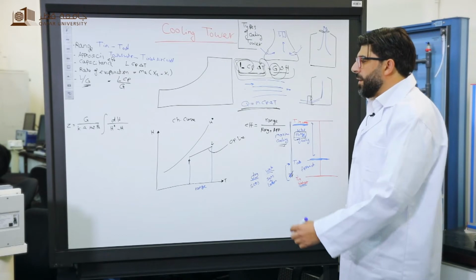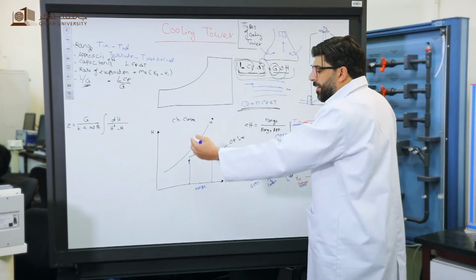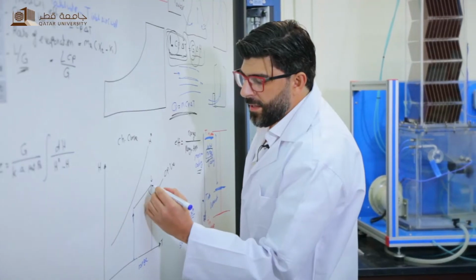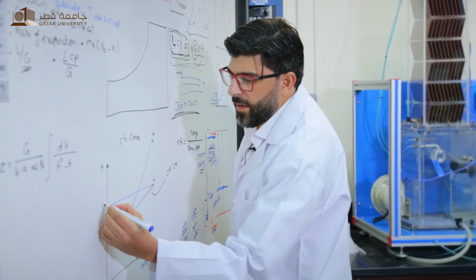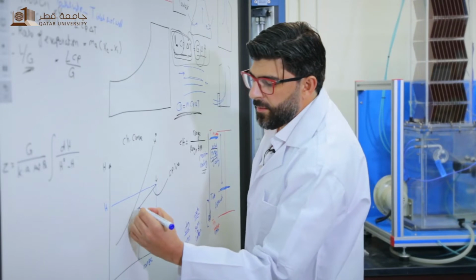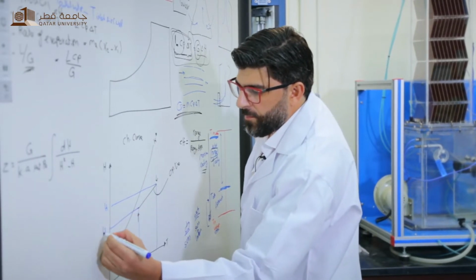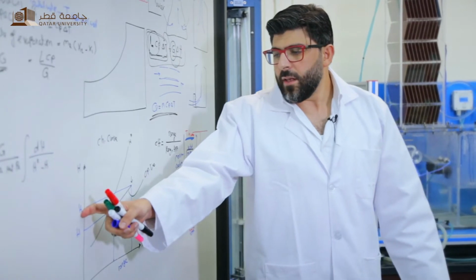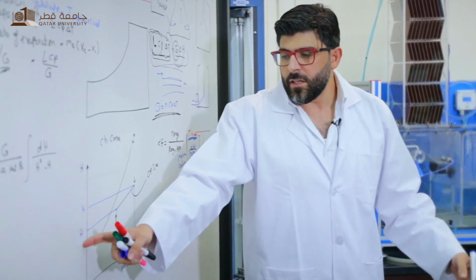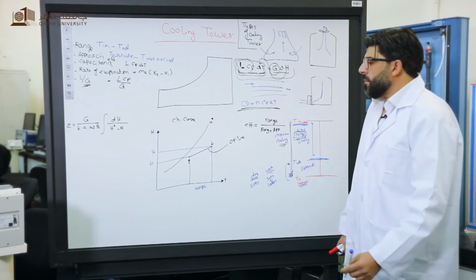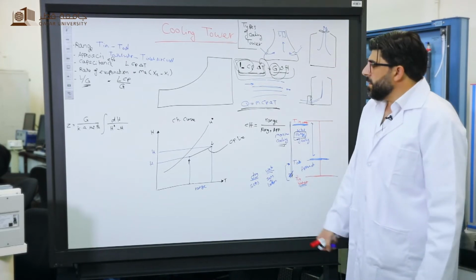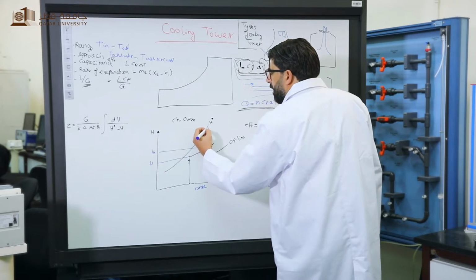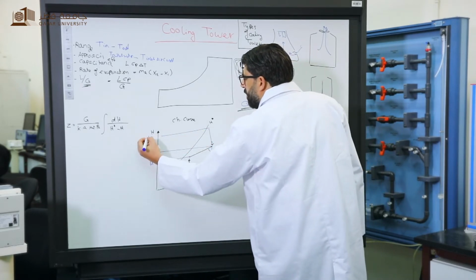If we want to find any enthalpy at a certain temperature, we can just extend the line. So this is the enthalpy of the outlet air, and this is the enthalpy of the inlet air. If you want to determine the equilibrium enthalpy, we extend the line and go up. So this is H star.